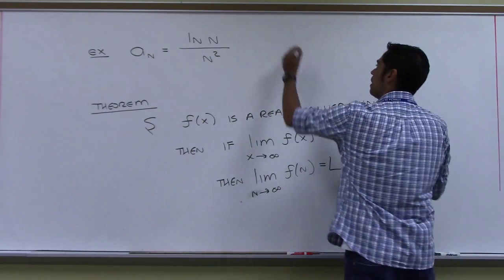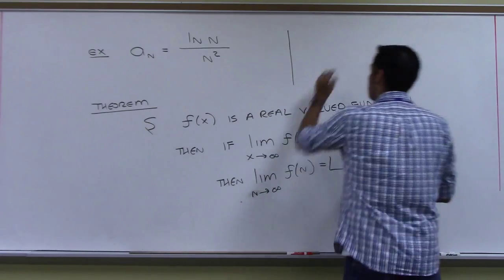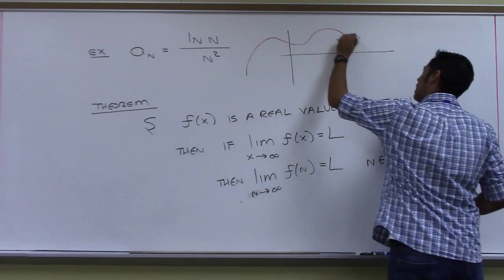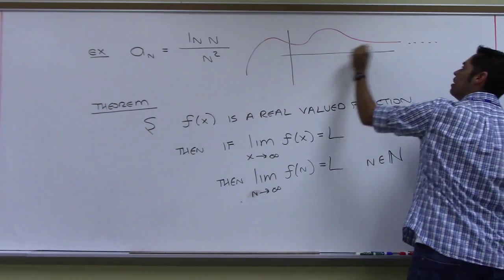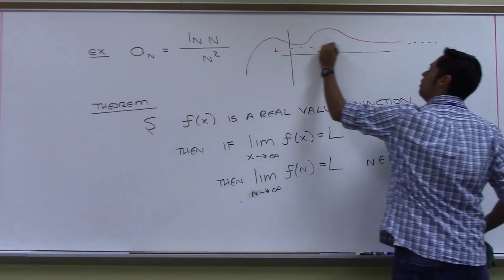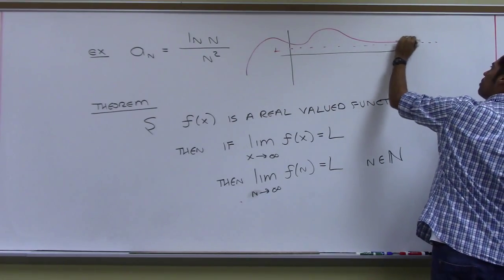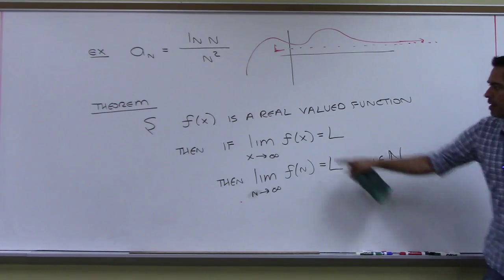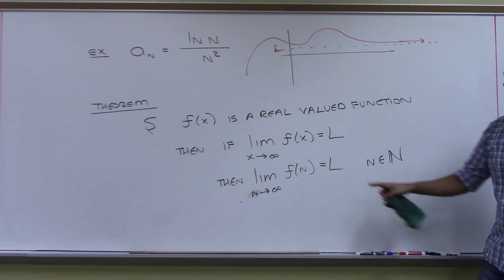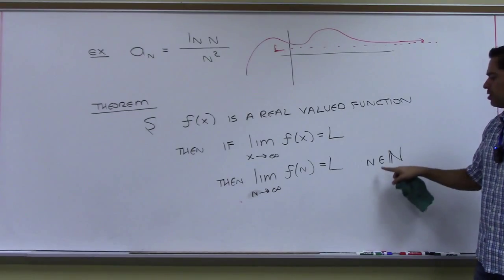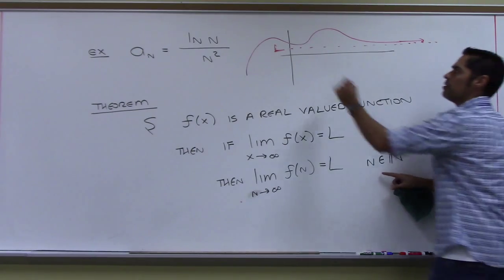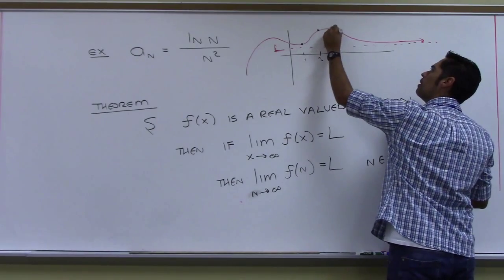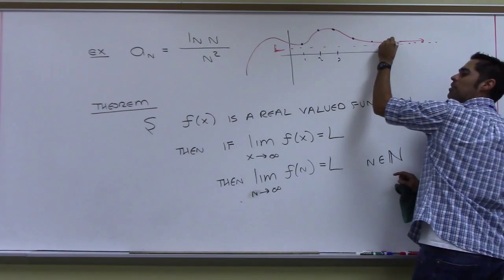So graphically, here's what we're saying. If we have a function f that's defined wherever, and it's flattening out to some L value out here, getting closer and closer to this L, then if you restrict f to just the dots, just the natural numbers, it's going to have to go to the same place, right?